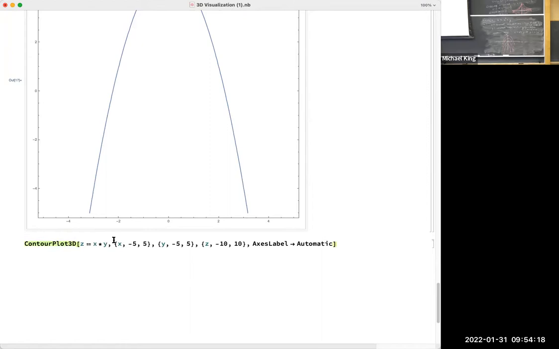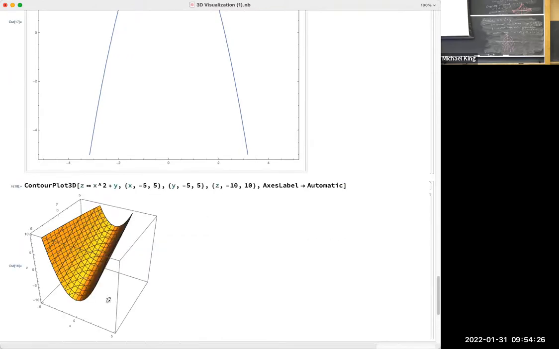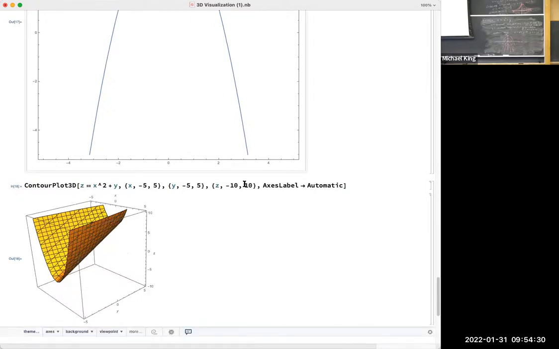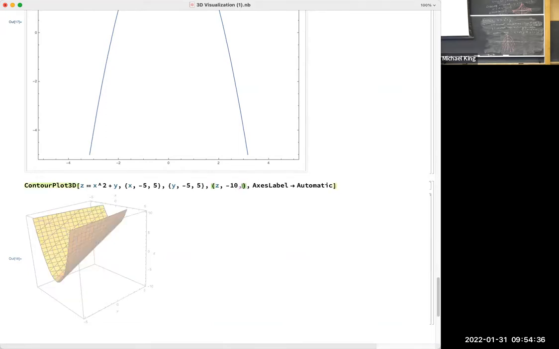So what was this, x squared plus y? Let's try this. Ooh. I'm doing something slightly strange. Maybe let's make it taller.